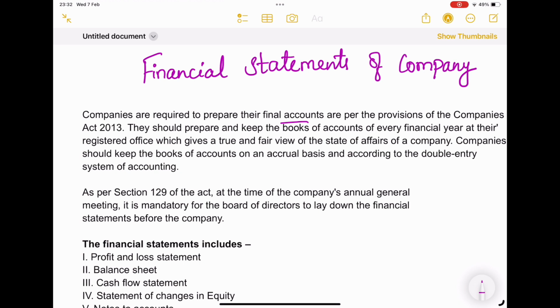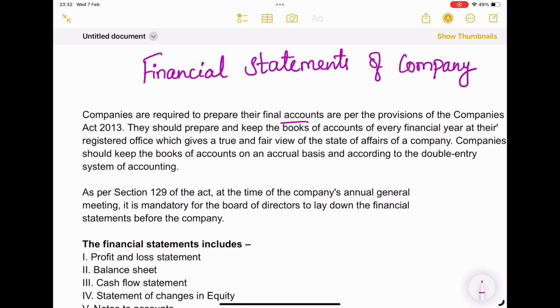Even if you are making credit sales, you have to mention the value on the accrual basis. In a credit sale, the income amount has not yet been received, isn't it? Even though not received, we are going to mention the amount. This is called accrual basis.